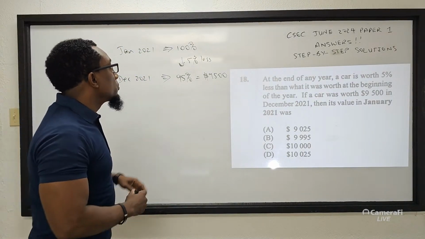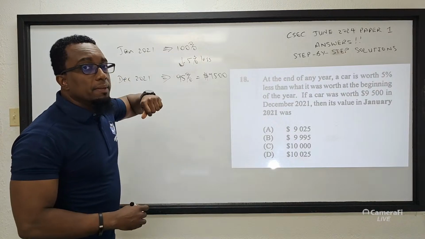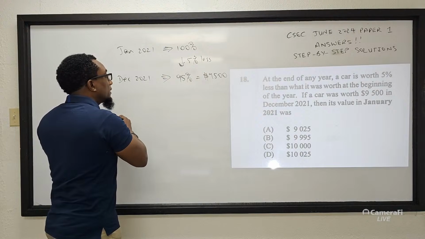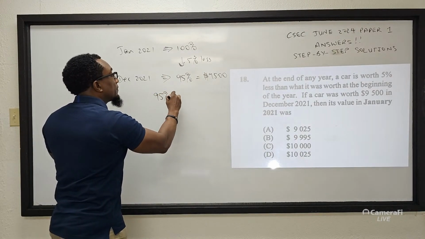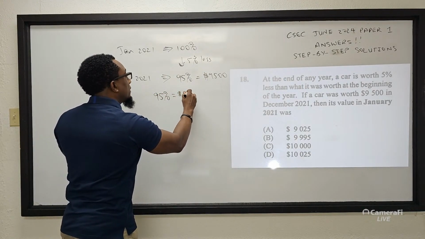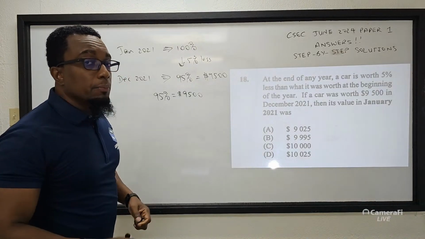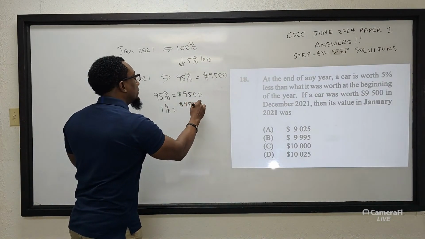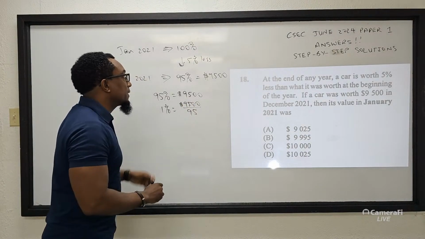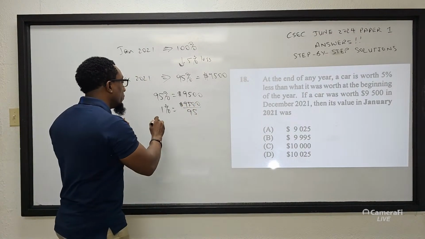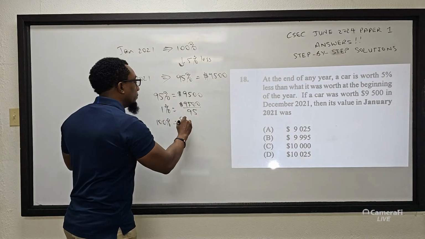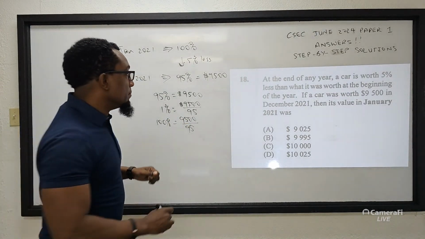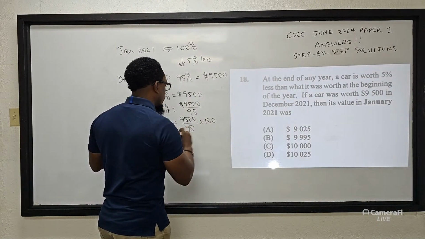And what we can do is work towards finding what will be the value for 100%. So, using our proportional relationship, if 95% is equal to $9,500, we can find for 1%, which is $9,500 divided by 95, and therefore we can determine what 100% is equal to, which is 9,500 divided by 95 multiplied by 100.